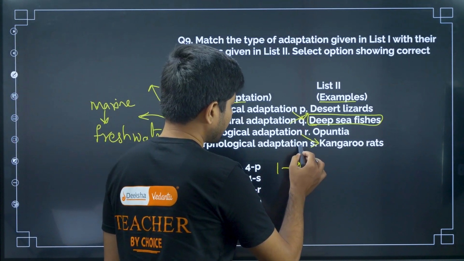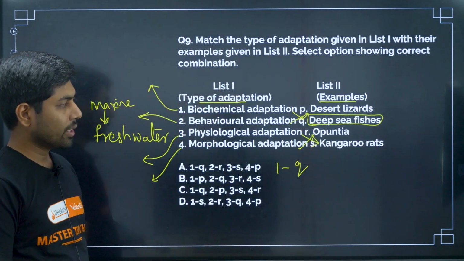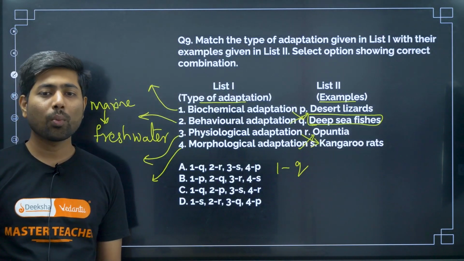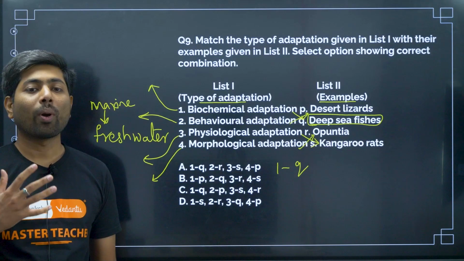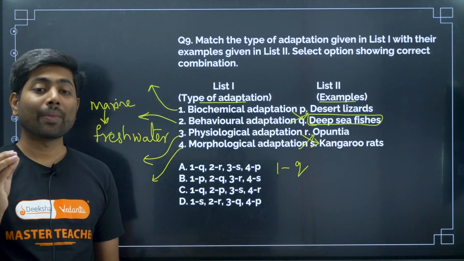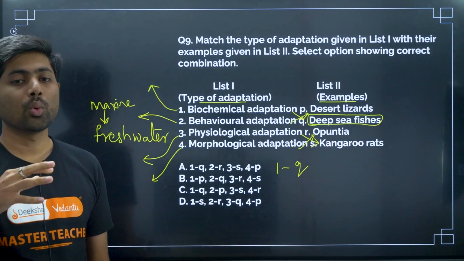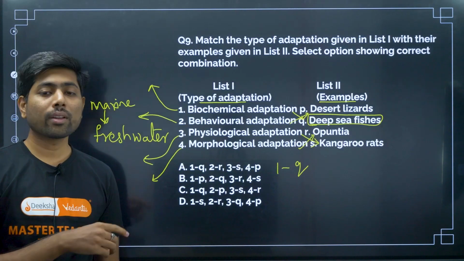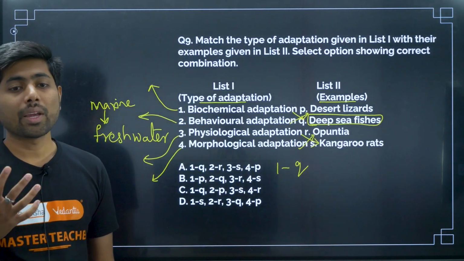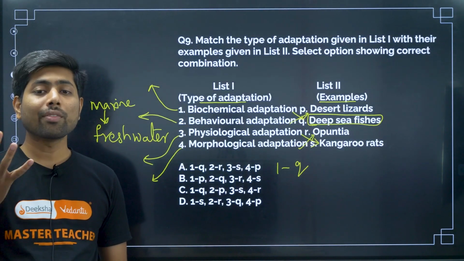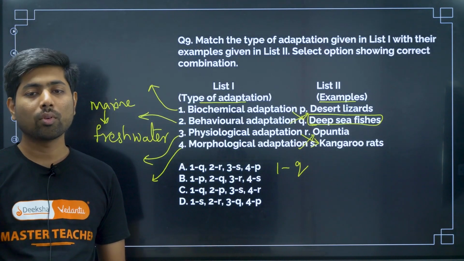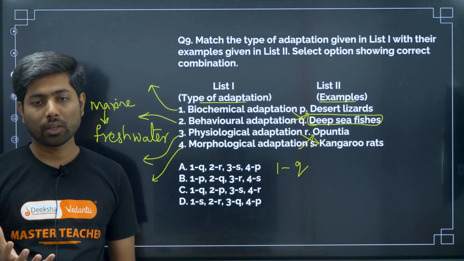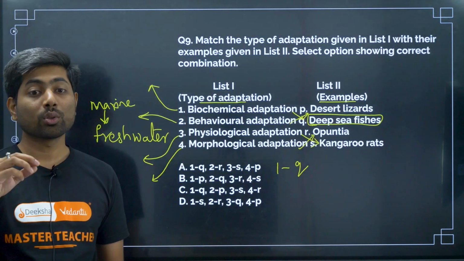Now morphological changes, where do you see? You see it in opuntia, which is nothing but the cactus. You can see the leaves are modified into spines. Why? Because they are found in the desert regions and cannot lose water. Leaves have stomata, therefore they lose a lot of water. So opuntia has converted the leaves into spines.